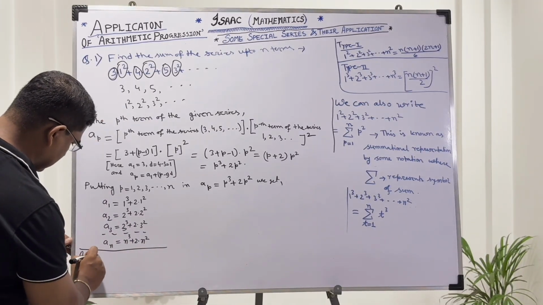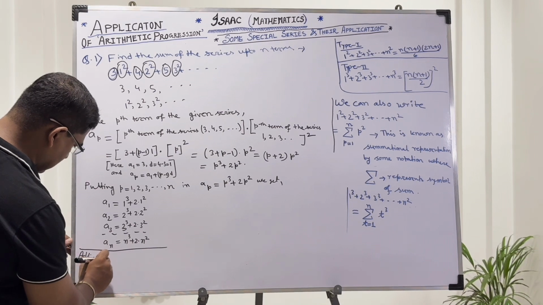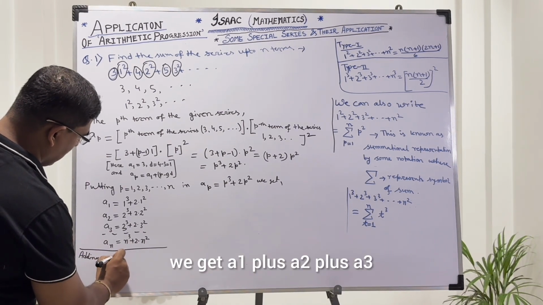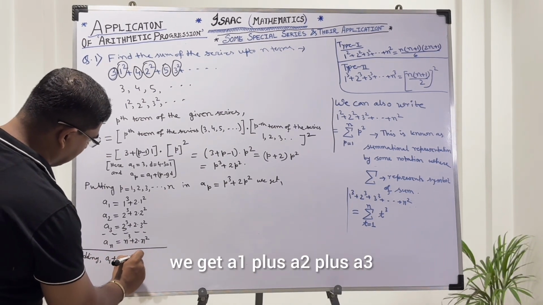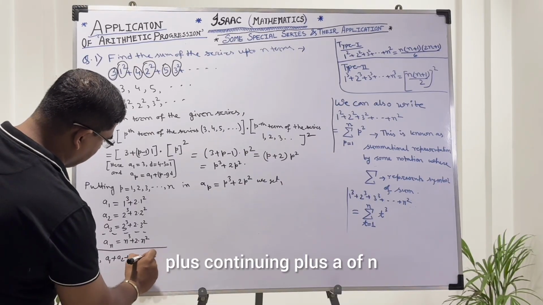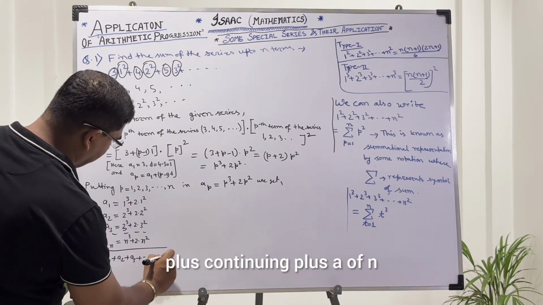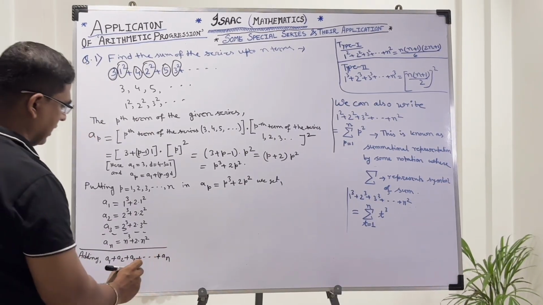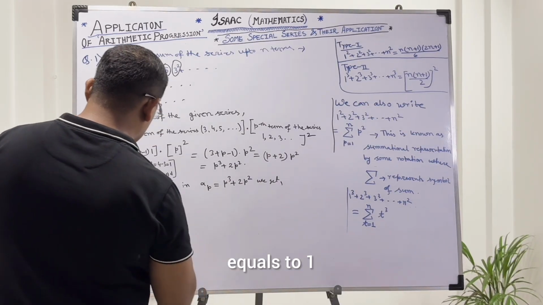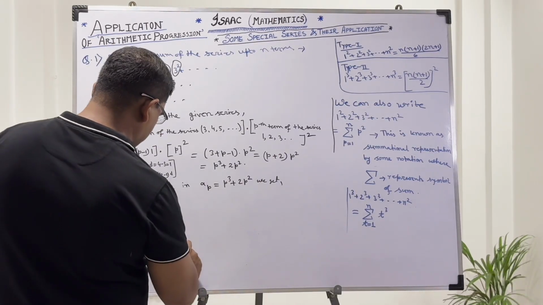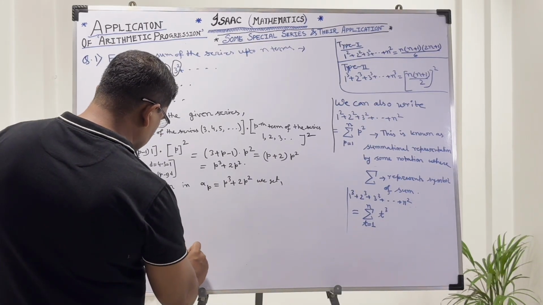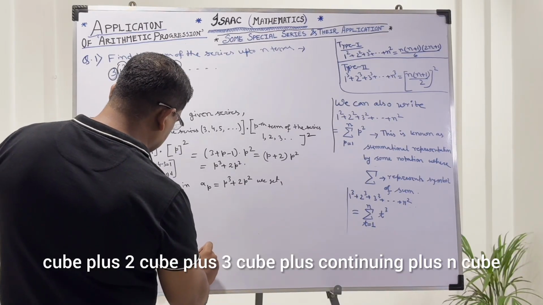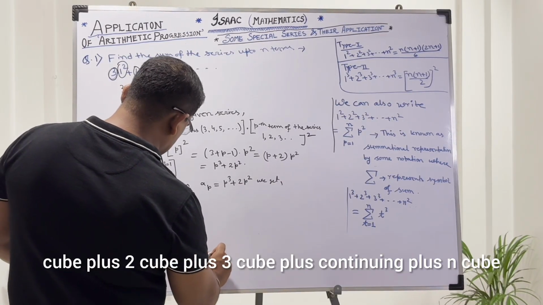Adding, we get A1 plus A2 plus A3 plus continuing plus A of n equals 1 cube plus 2 cube plus 3 cube plus continuing plus n cube.